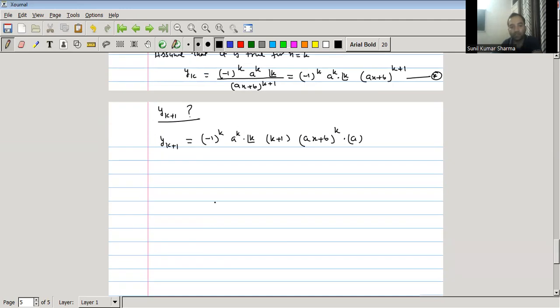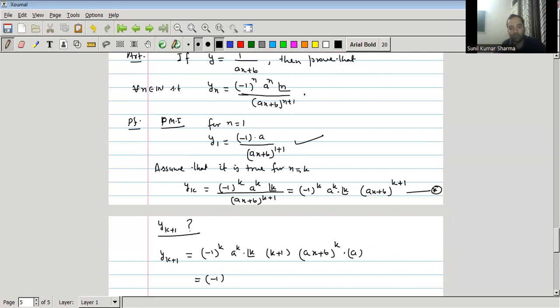So we can write this as minus 1 to the power, you get minus k plus 1, not minus k, not k plus 1, minus k plus 1.